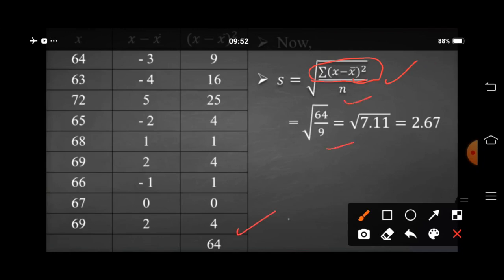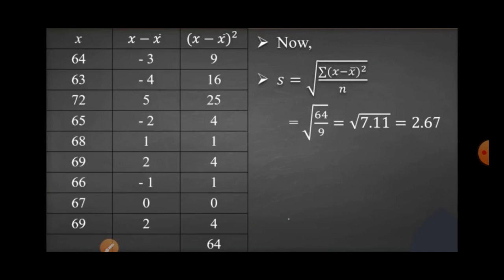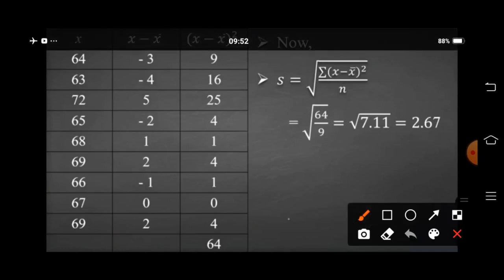We already have n. x minus x bar: 64 minus 67 gives minus 3, 63 minus 67 equals minus 4, 72 minus 67 is 5, 65 minus 67 is minus 2, 68 minus 67 is 1, 69 minus 67 is 2, 66 minus 67 is minus 1, 67 minus 67 is 0, 69 minus 67 is 2.